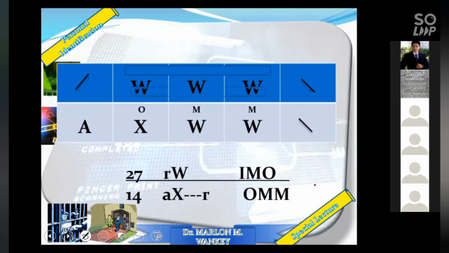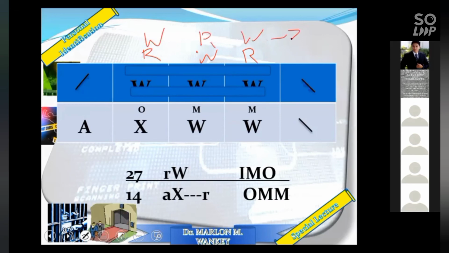Kapag nagkaroon ng scar, hindi mo alam kung yan ba ay whorl, yan ba ay radial. So hindi mo alam. So the first assumption, sabihin mo, siguro radial to. Siguro whorl ito and radial to. Then gagawa ka na rin ng pangalawang assumption. Siguro whorl, ito yung radial, ito yung whorl.